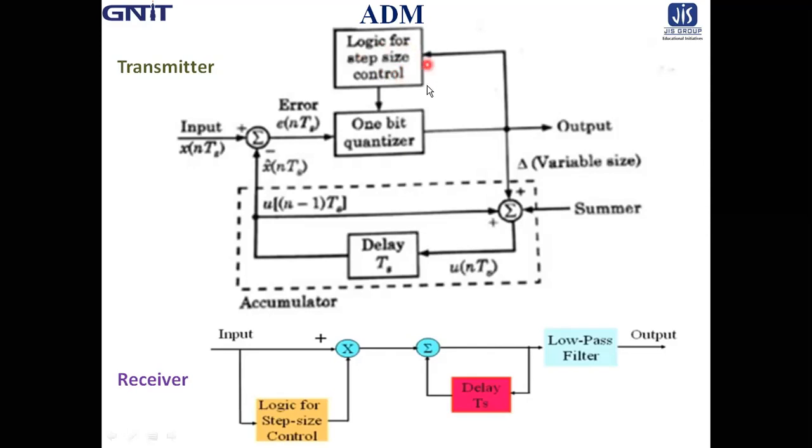That can be handled using a program which is written here. Similarly, for the receiver part, here also there is logic for step size control. So this is all about adaptive delta modulation.